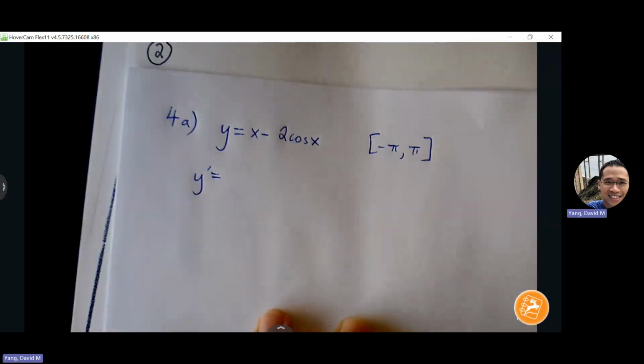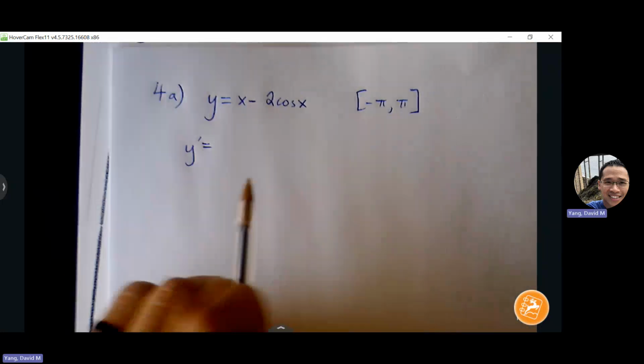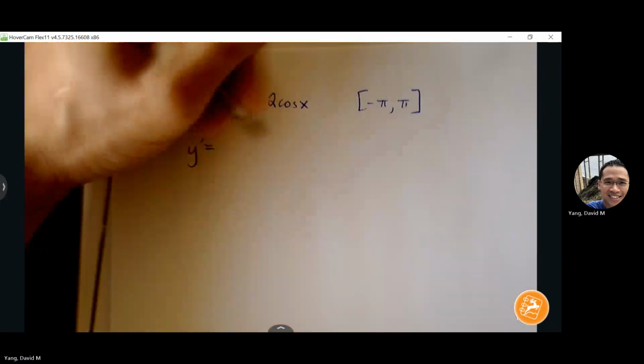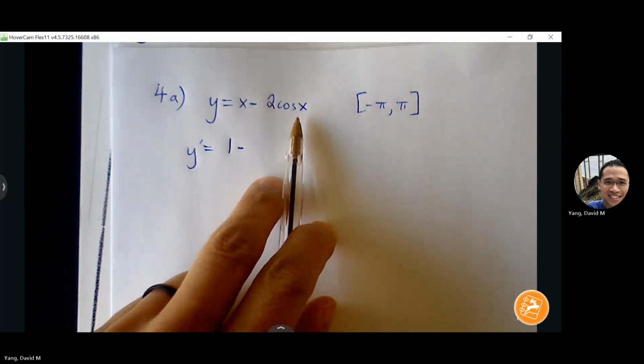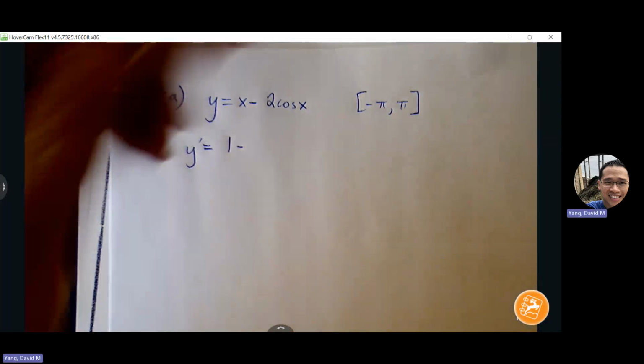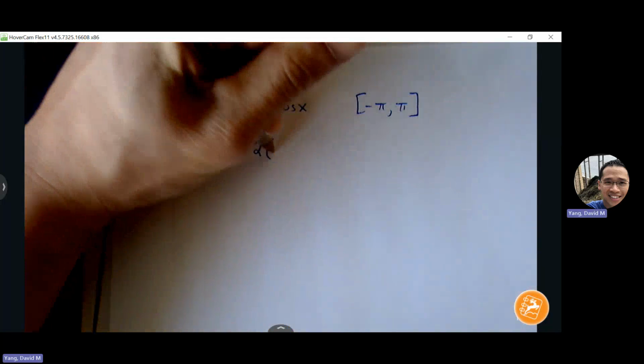Okay, so first derivative, x becomes what? Cosine x becomes, yeah, so we have to keep track of multiple negatives here.